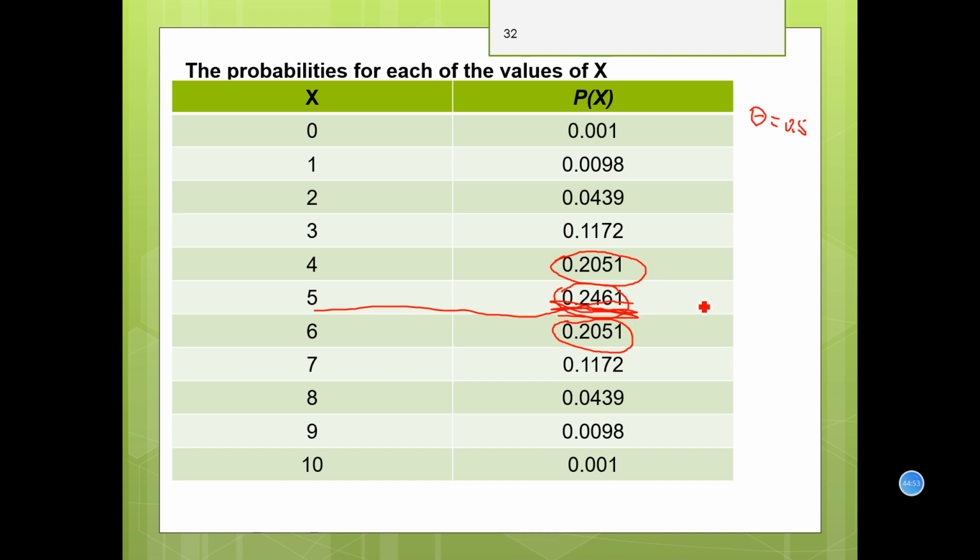So that means even if the coin is really fair, we can still get 4 or 6 heads in 10 tosses, because they almost have the same probability. In fact, it's possible to obtain any value of x with a fair coin.